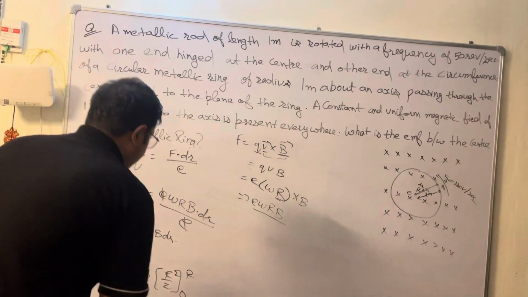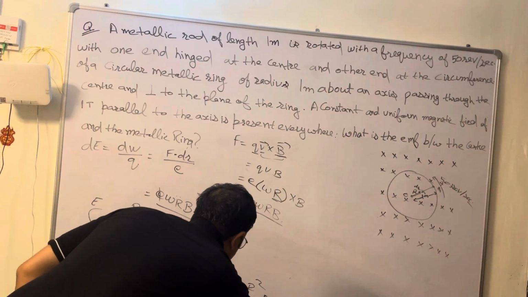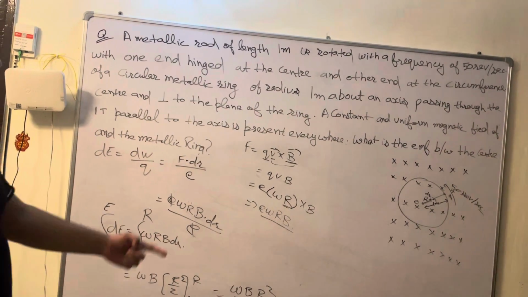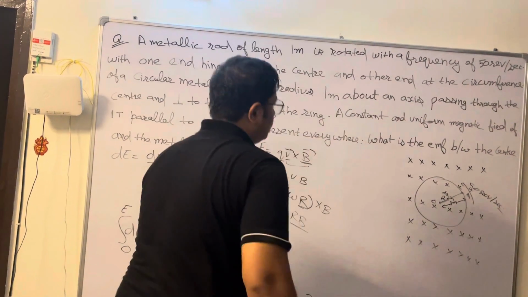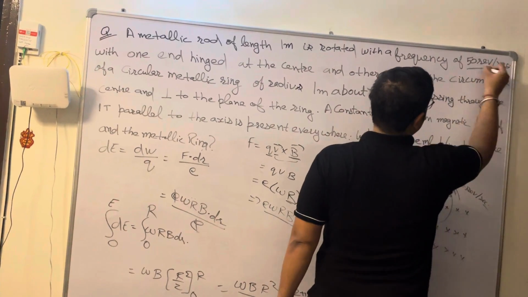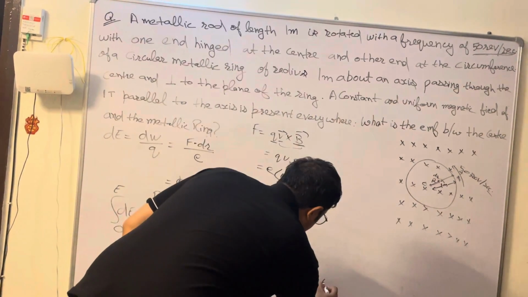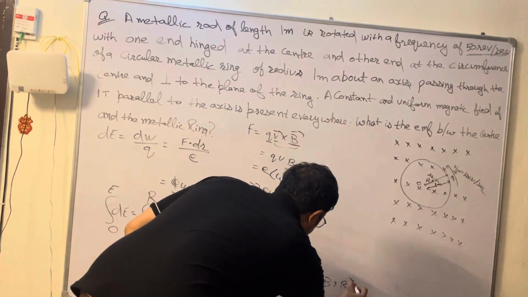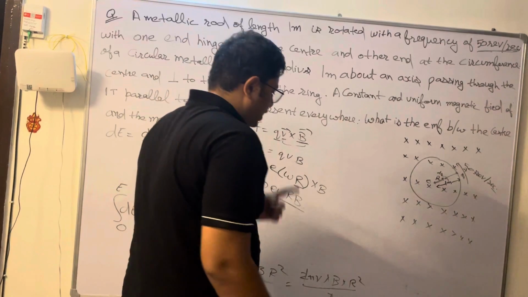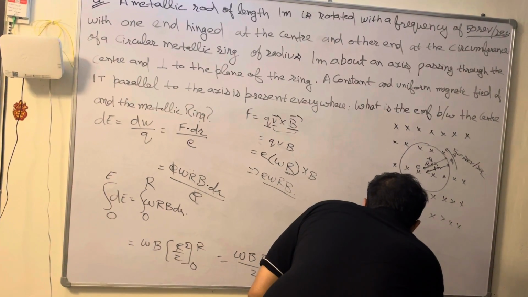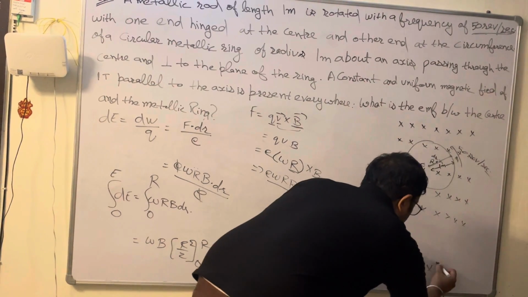So we get omega B R squared over 2. When we substitute the values, omega is 2 pi times nu, where nu is the frequency of rotation, 50 revolutions per second. Multiplying by 2 pi gives omega, multiplied by B, multiplied by R squared by 2. Substituting the values: 22 by 7 multiplied by 50 multiplied by 1 multiplied by 1 squared.